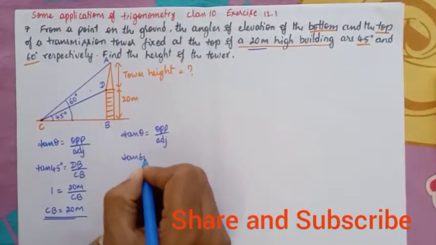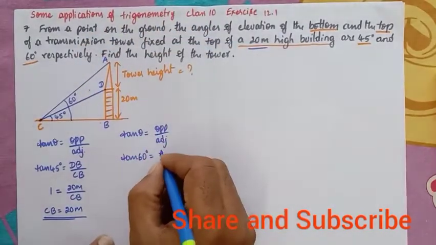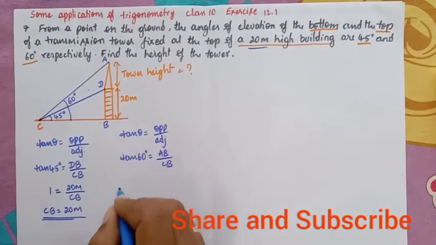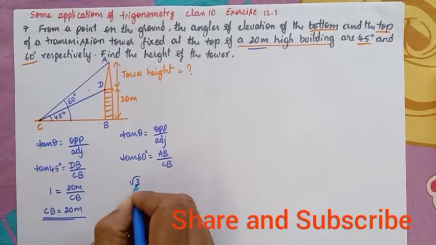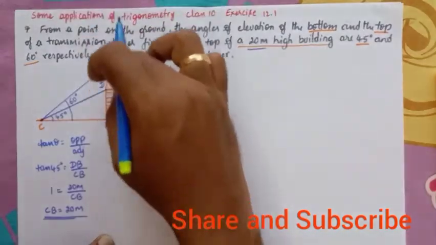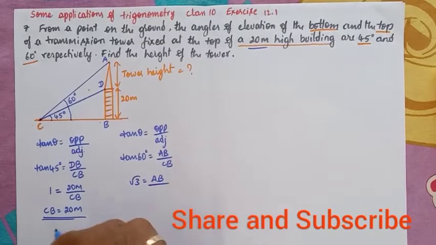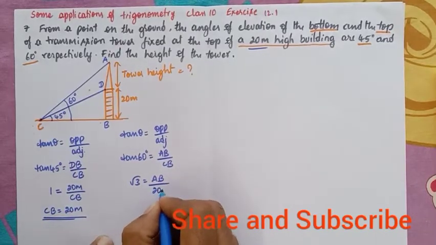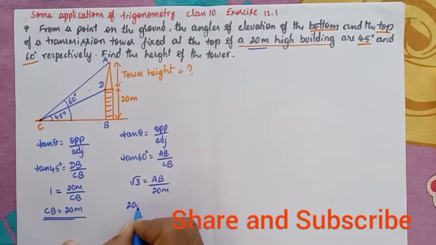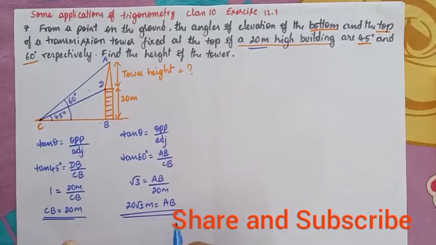Tan 60 degree is equal to, opposite is AB, AB by CB. Tan 60 degree is root 3. AB we don't know. What is the height of this whole building plus the tower? We don't know that. So what is CB? We know that, that is 20 meter. Upon cross multiplication, we will be getting 20 root 3 meter is equal to AB. Yes, we got this one.